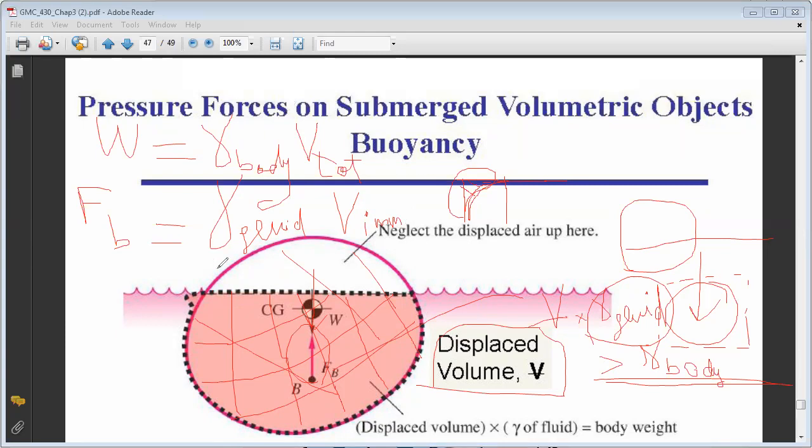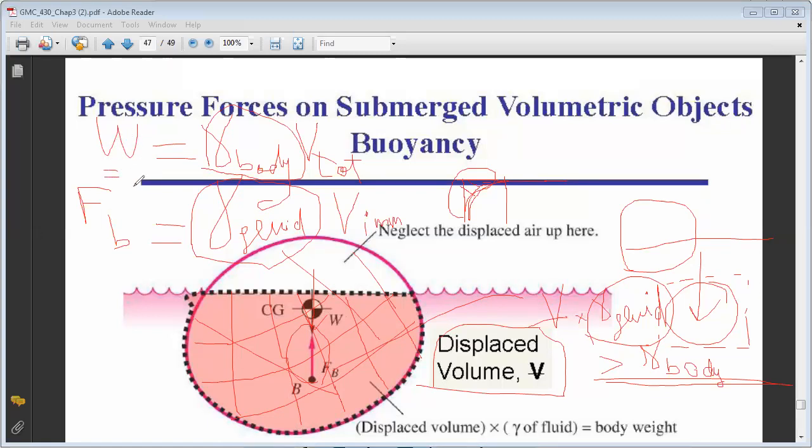So if you look at these two expressions, in case gamma fluid is larger than gamma of your body, what will happen? Since in equilibrium conditions, these two will be equal. So W and buoyancy force will be equal, okay?